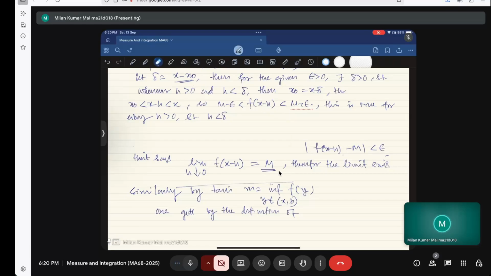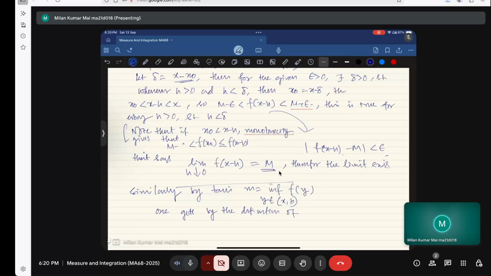Note that if x naught is less than x minus h, monotonicity gives that f of x naught is less than or equal to f of x minus h, but f of x naught is greater than m minus epsilon, and f of x minus h is less than or equal to f of x because of the monotonicity, right?